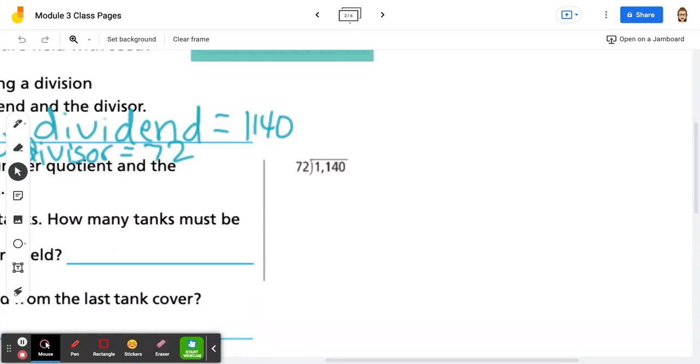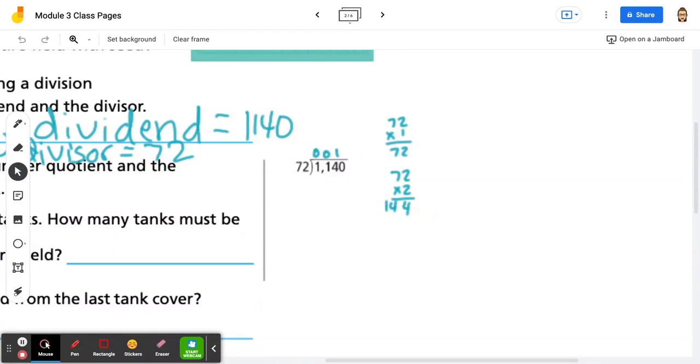No. Does 72 go into 11? No. Does 72 go into 114? Yes. How many times? If I do 72 times 1, it gives me 72. 72 times 2, 2 times 2 is 4, 2 times 7 is 14, so 144, that's too big. So it's going to be 1 time.